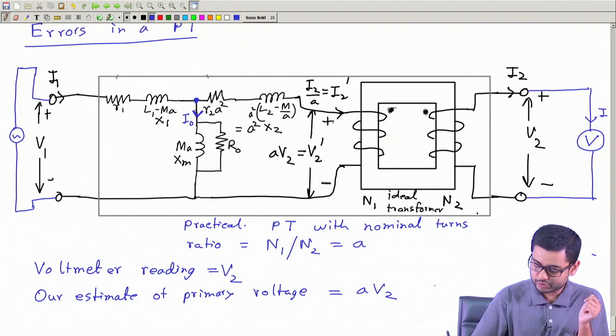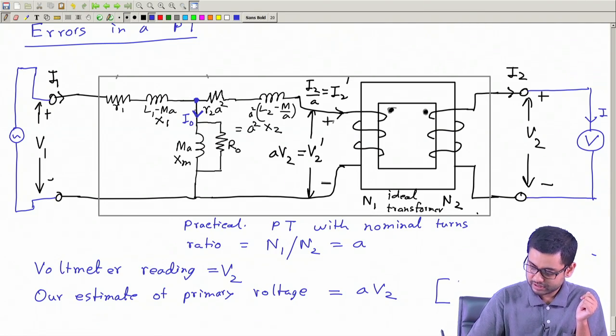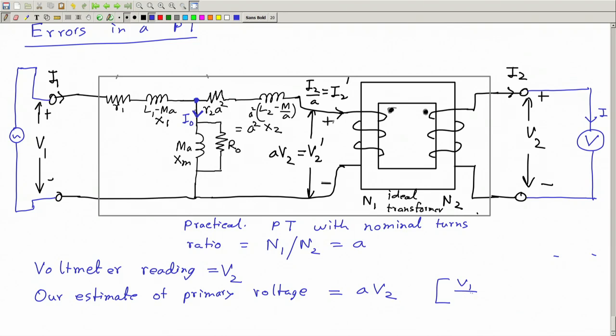This comes from the fact that V1 by V2 is equal to N1 by N2 equal to A for an ideal transformer, and we will think that this transformer behaves like an ideal transformer.